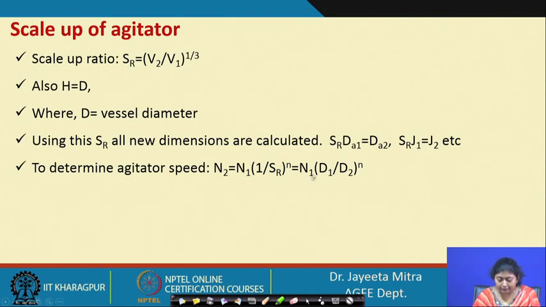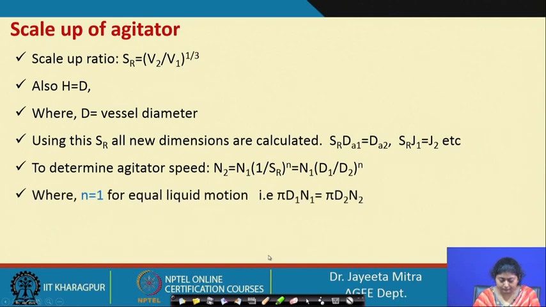So, here we can also write N1 into 1 by SR, which is nothing but (D1 by D2) to the power n, where n equals 1 for equal liquid motion, that is pi D1 N1 equal to pi D2 N2. n will be 3 by 4 for equal suspension of solid.